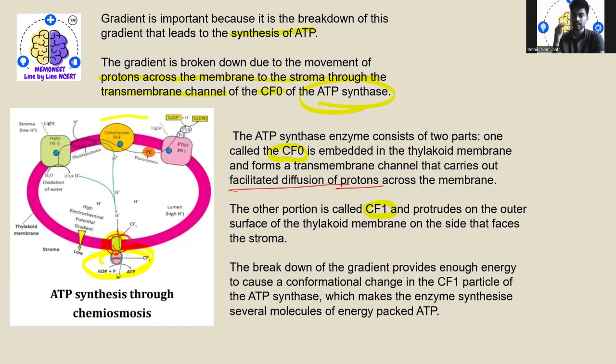Here you can see the protons diffusing across the membrane. Then we have another part called CF1, this one.